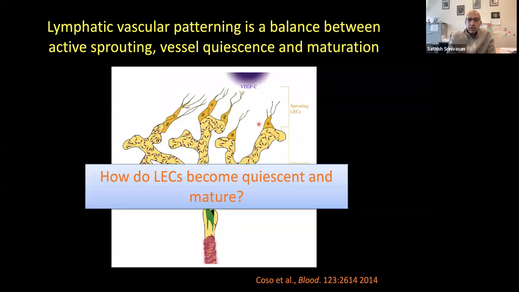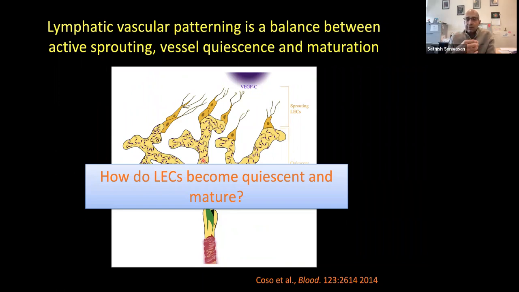And as these cells are growing towards VEGF-C with their filopodia and very highly active state, the cells just behind these actively migrating endothelial cells have to acquire their characteristics. They have to become quiescent. They have to acquire the characteristics of capillaries or collecting vessels.